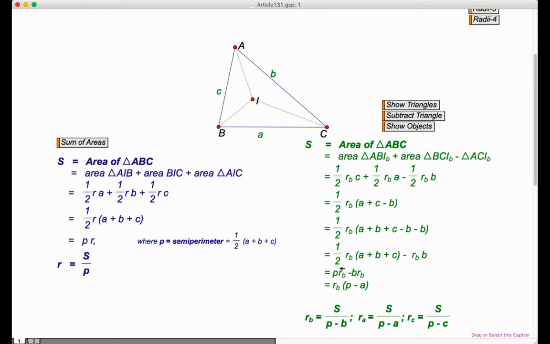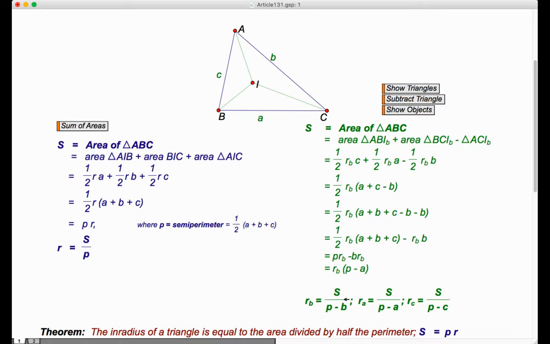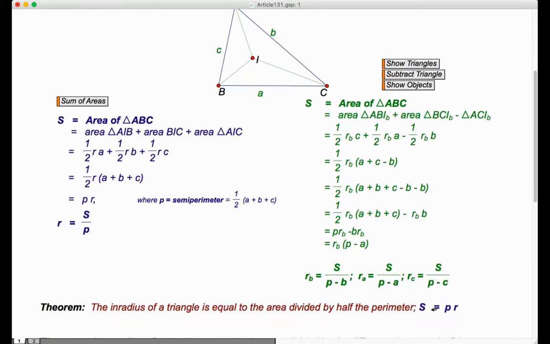Therefore, 1/2 (a + b + c) is the semiperimeter, so P times r sub b minus b r sub b. Factoring further, we have S is equal to (P - b) times r sub b. Hence, from this result, r sub b is equal to the area divided by P - b. Similarly, r sub a is equal to S over P - a, and r sub c is equal to S divided by P - c.